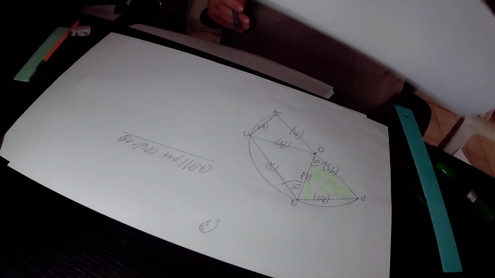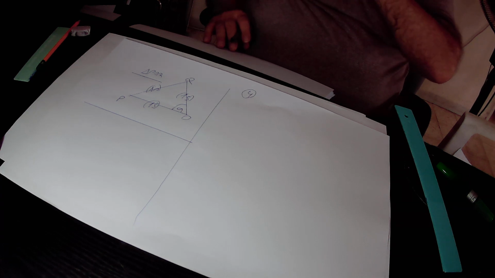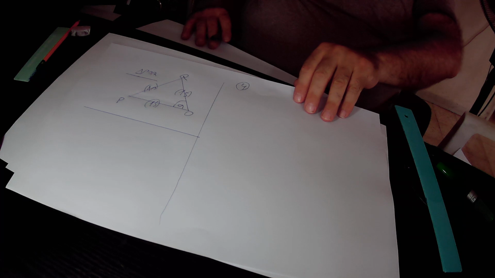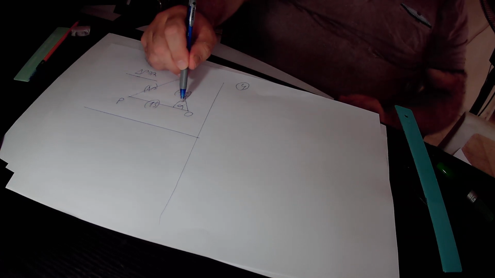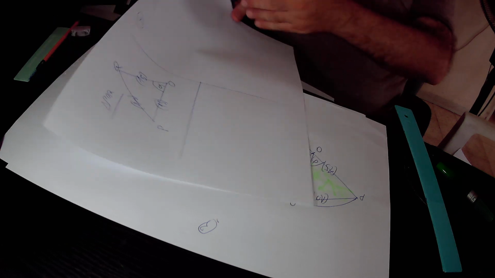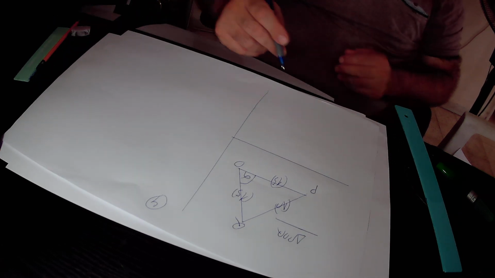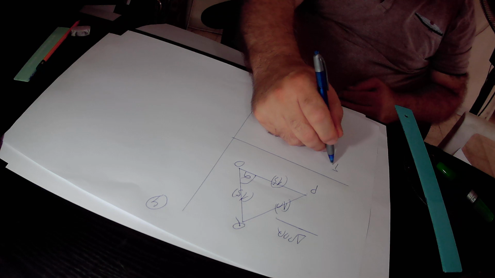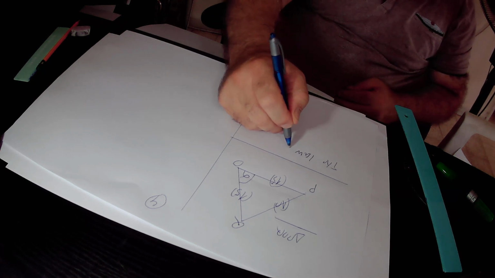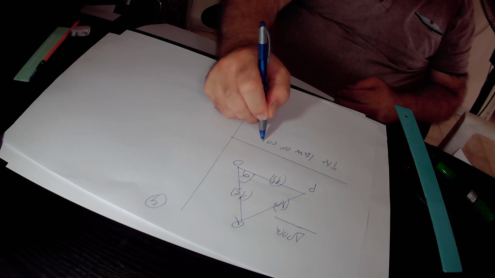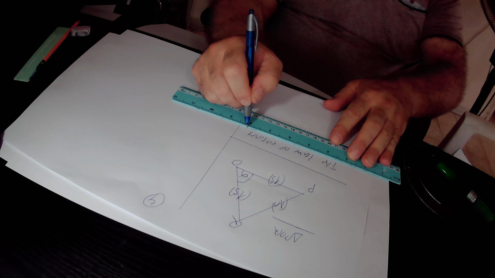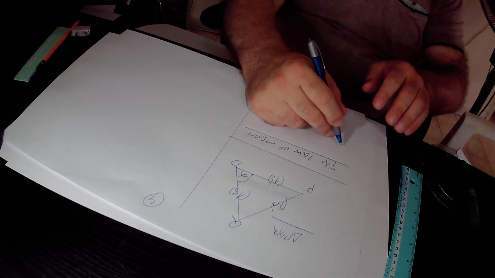So actually, this is the green triangle POQ, and this is angle alpha. According to the law of cosines, in this triangle POQ, this will be equation 1.